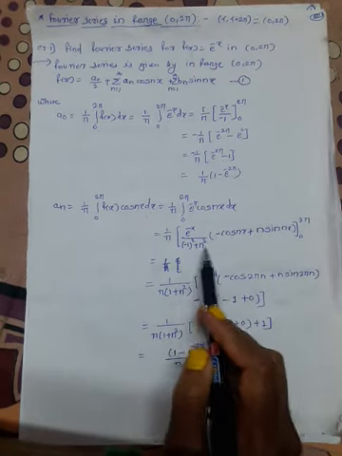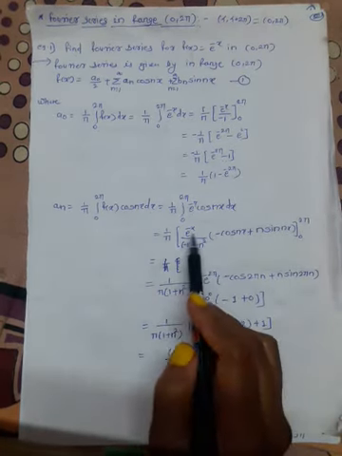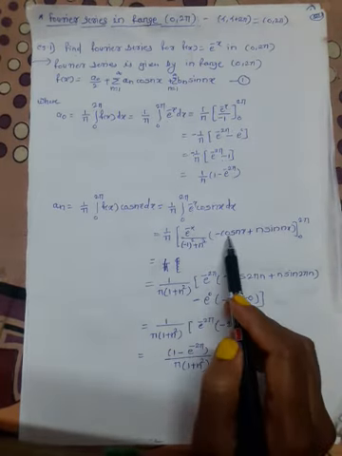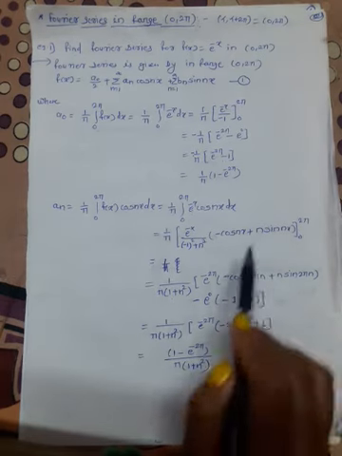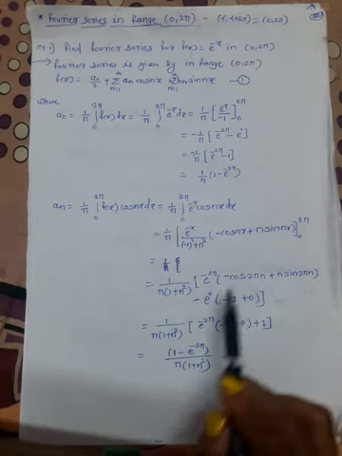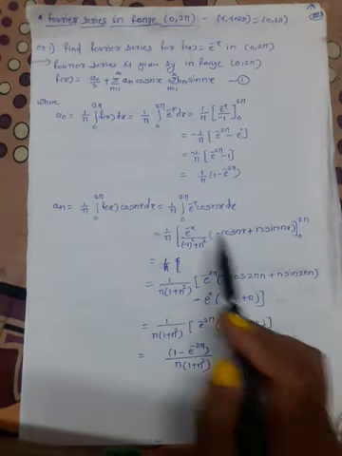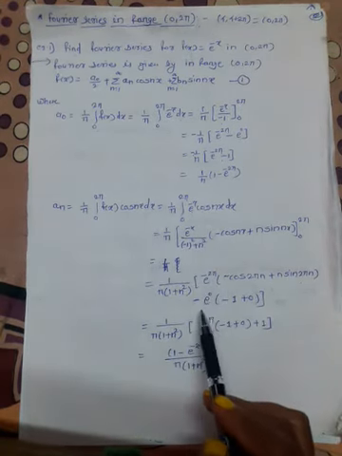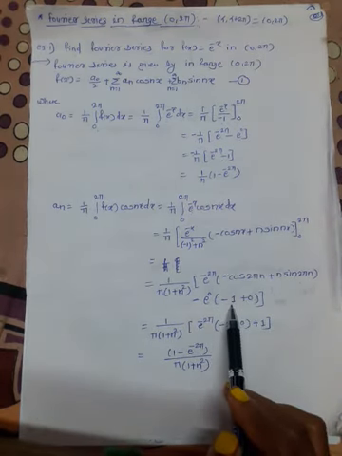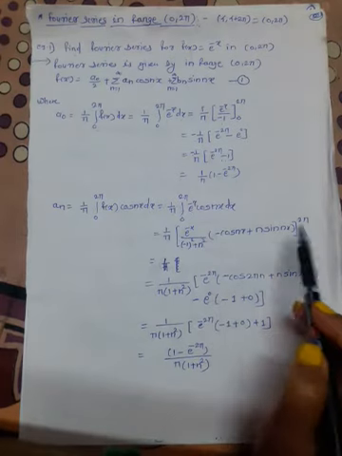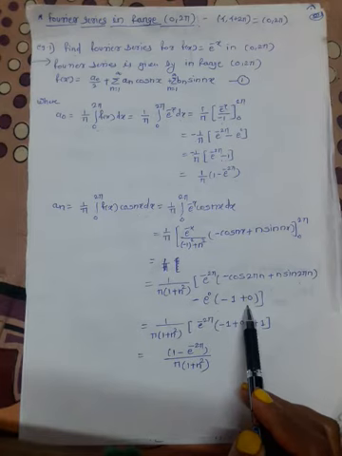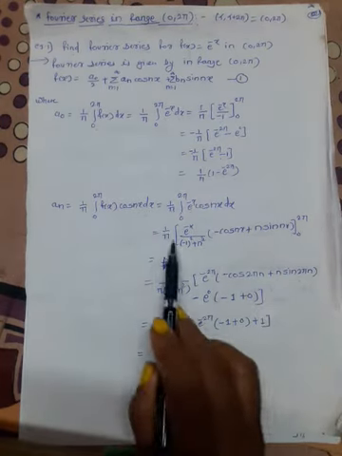Put now 0 to 2 pi: first, e raised to minus 2 pi, bracket, minus cos 2n pi plus n sin 2n pi. This is the upper limit. Now minus the lower limit: we put 0 in x, e raised to 0, and in the bracket cos 0 is 1, and this is minus as it is, and sin 0 is 0, 0 into n is 0. Bracket complete, lower limit complete, square bracket complete.